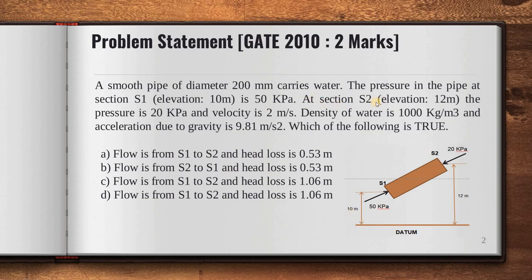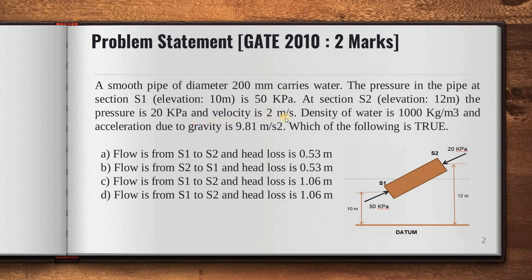At section S2 the pressure is 20 kilopascal. So this is the section S2, you can see here, and the pressure at section S2 is 20 kilopascal. Elevation for section S2 is 12 meter. So here the elevation for section S1 is 10 meter and the elevation for section S2 is 12 meter.